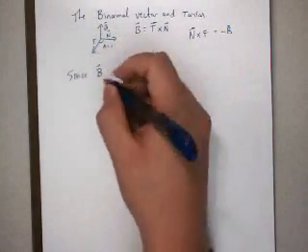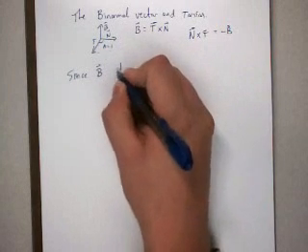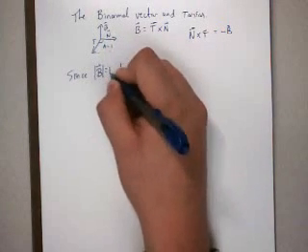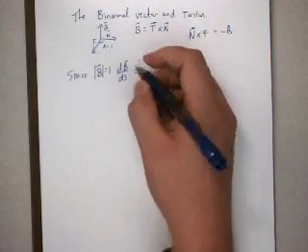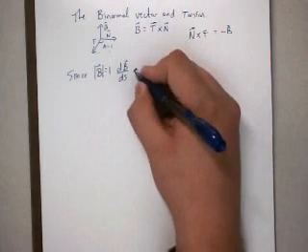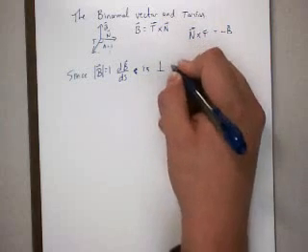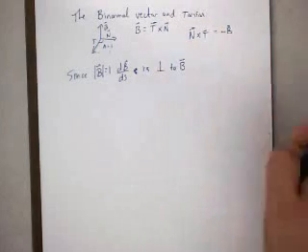Since B is 1 unit long, we know some things about B. In particular, since the magnitude of B is 1, the derivative of B with respect to s is orthogonal to B itself.